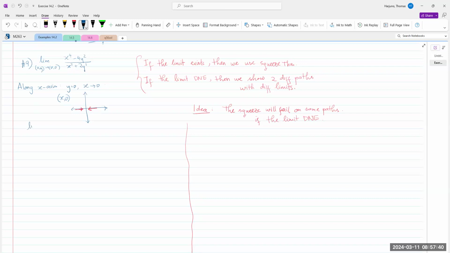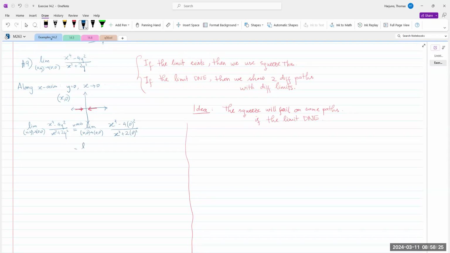So the limit as (x, y) goes to (0, 0) of (x to the 4th minus 4y squared) over (x squared plus 2y squared), along this x-axis, is the limit as (x, 0) goes to (0, 0) of (x to the 4th minus 4 times 0 squared) over (x squared plus 2 times 0 squared).